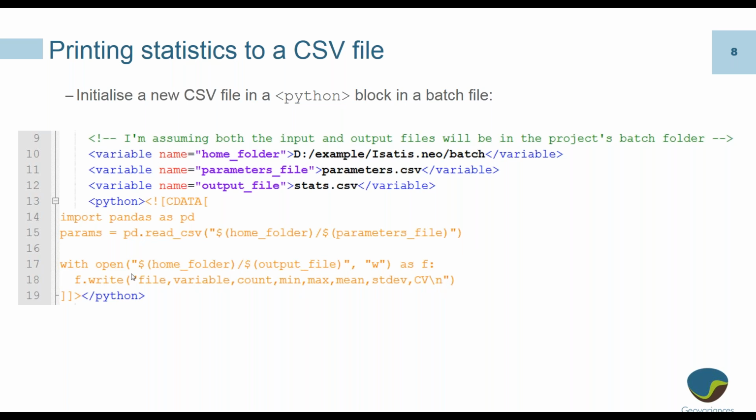But the key point here is that I'm opening a new file and writing this line of text to it. It's telling me what my file, variable, count, min, max, mean, standard deviation, CV are. The little \n here is a new line character so that when I then append to this file later on, it will go onto a new line. So that's just initializing the file.